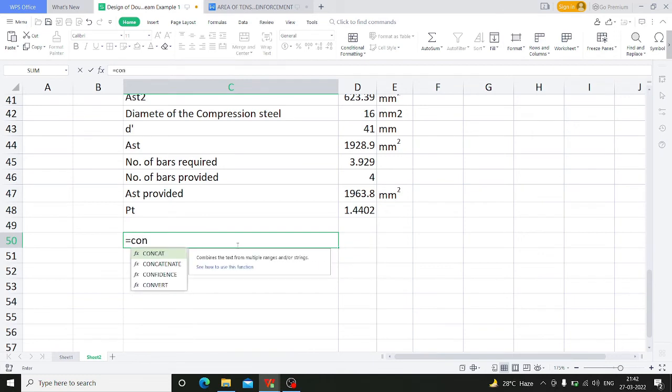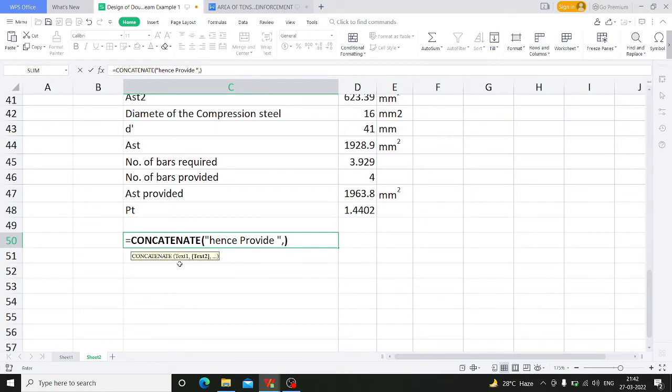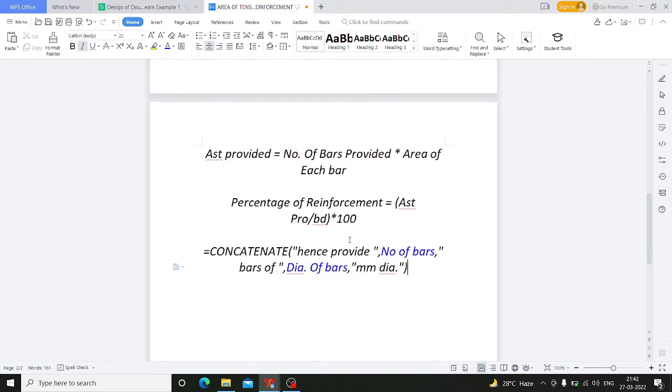Equal to sign concatenate, double inverted comma, hence provide, double inverted comma. Now we have to link a variable, hence provide 4 bars, comma double inverted. Now you see the statement, number of bars is linked.